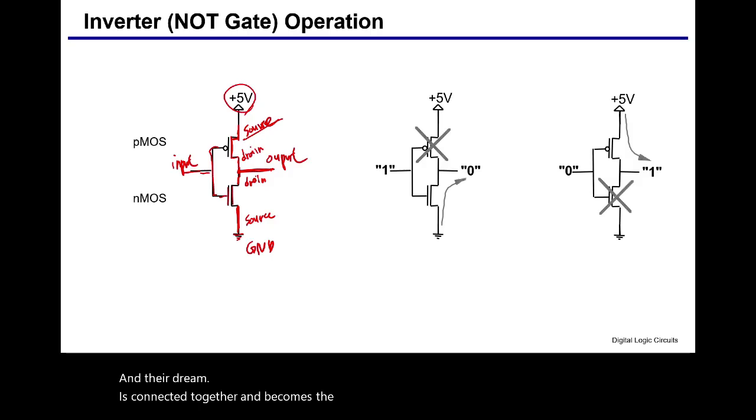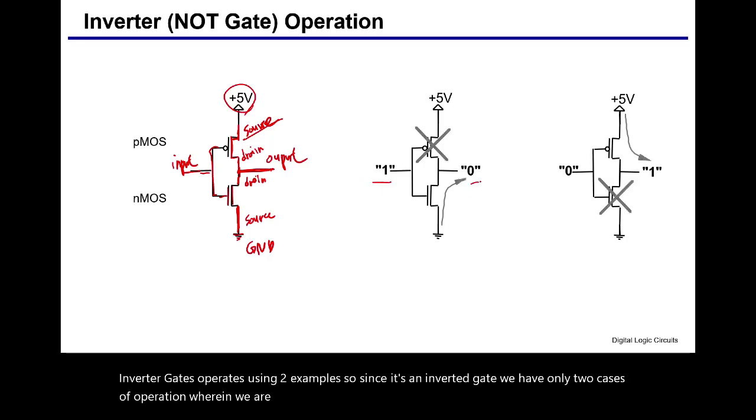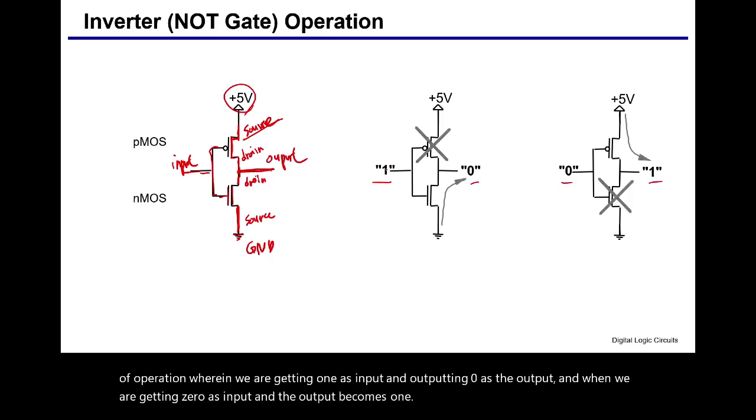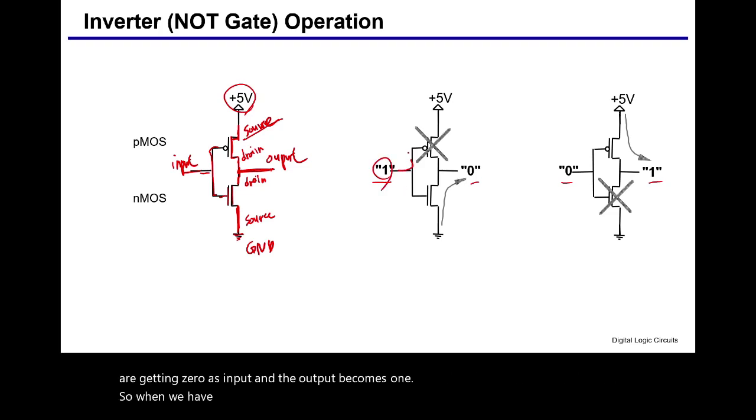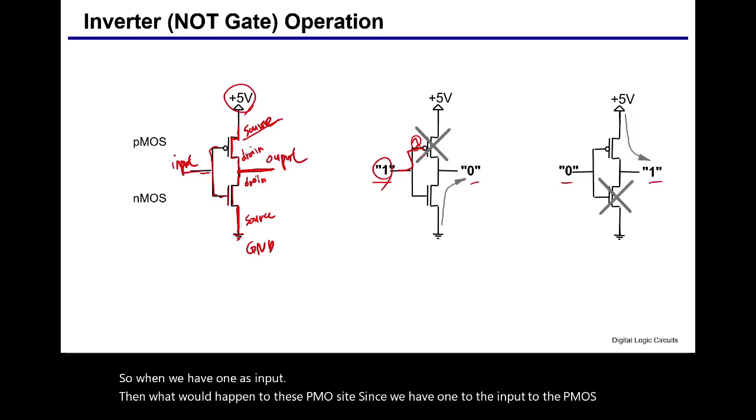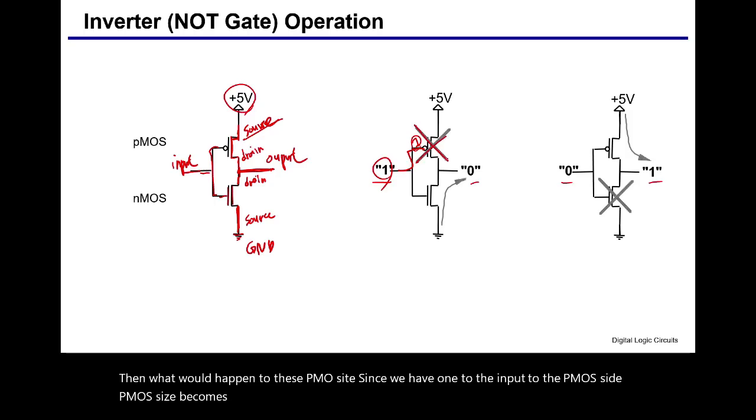So how does this inverter gate operate? Using 2 examples. Since it's an inverter gate, we have only two cases of operation: when we are getting 1 as input and outputting 0 as the output, and when we are getting 0 as input and the output becomes 1. So when we have 1 as input, then what would happen to this PMOS side? Since we have 1 as the input, the PMOS side becomes disconnected, right?